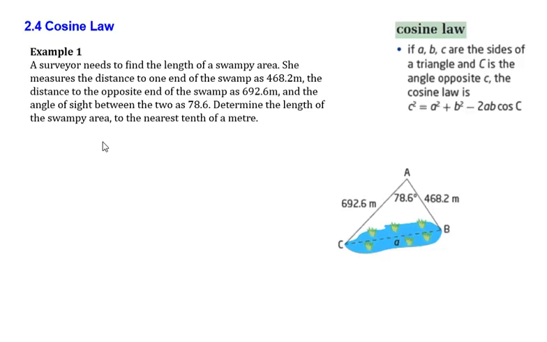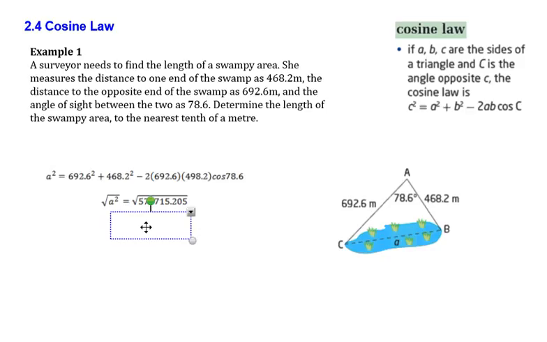So first thing that we want to do is look at our cosine law, and we're solving for side A. So we're going to take b squared plus c squared minus 2 multiplied by b multiplied by c, and then cos of A. And from there, we would get the square root of a squared equals the square root of 570,715.